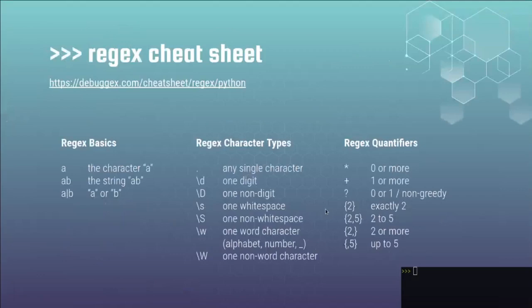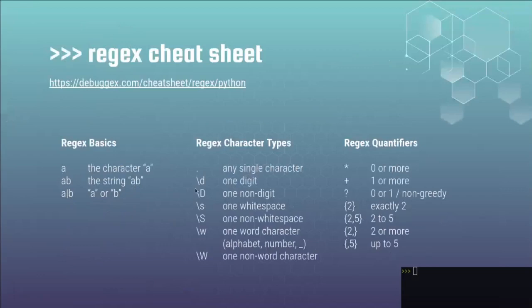Regex has a lot of different ways to denote different types of text. Right here, the letter A means just the letter A. AB is the string AB. You can use this right here, called a pipe, and that basically means or.